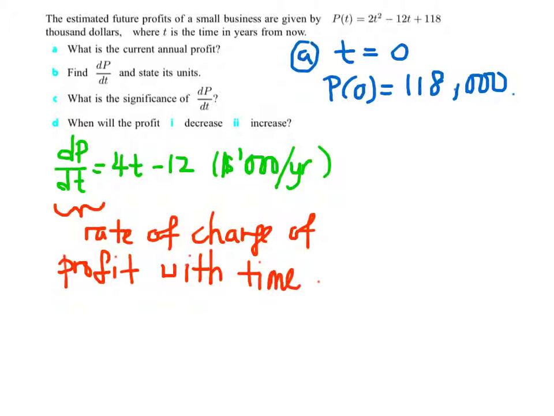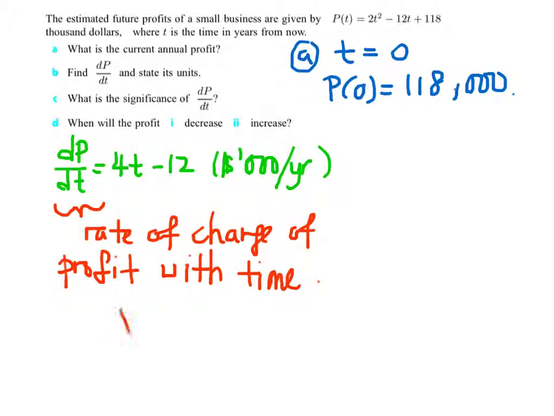And lastly, when will the profit decrease or increase? As this is a quadratic function, you can guess that it is a smiling curve, looking something like this.